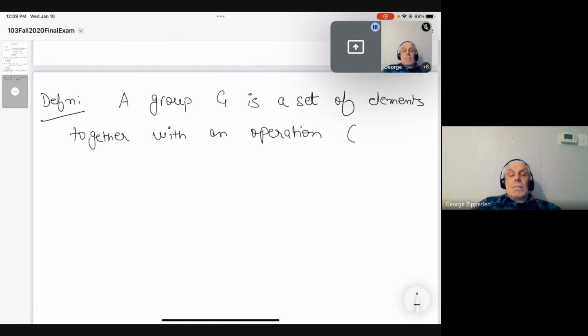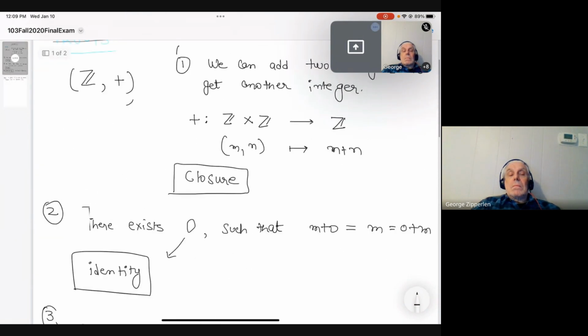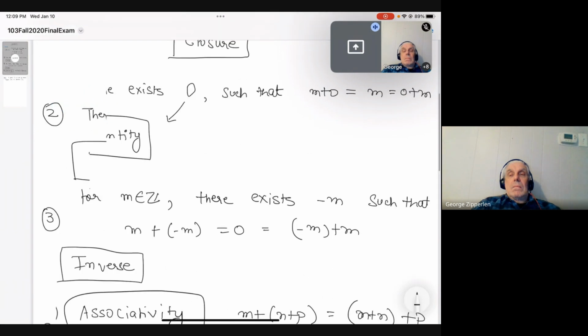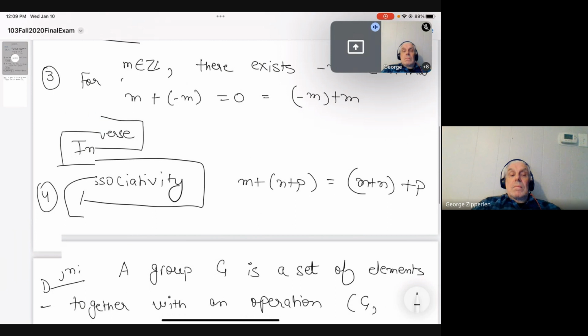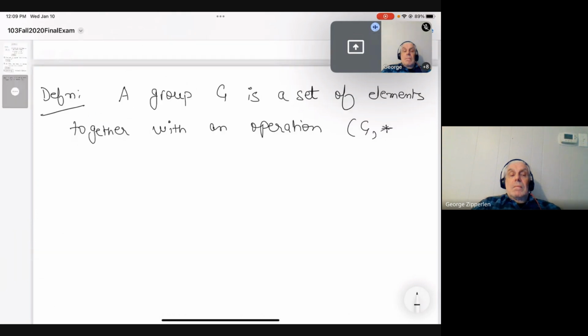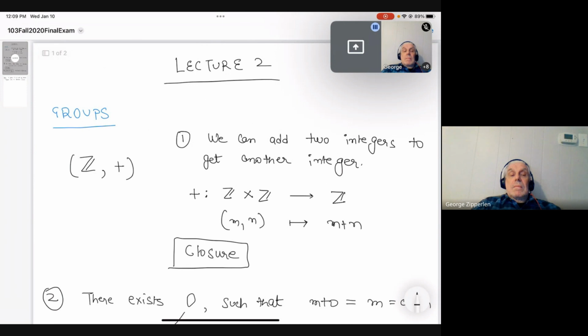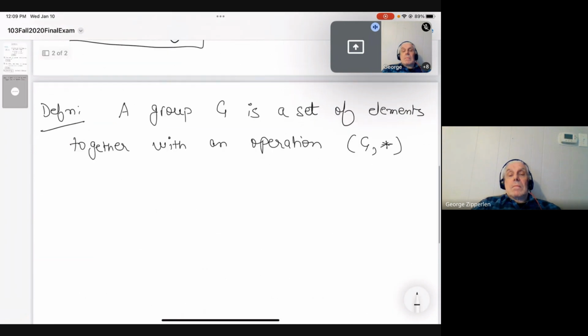Let me give that operation a generic label, let's just say star, because I don't want to call it addition since, as we will see, there are other operations apart from addition. So it's a set of elements together with an operation, and please keep this example in mind, integers with addition, such that the following properties hold.